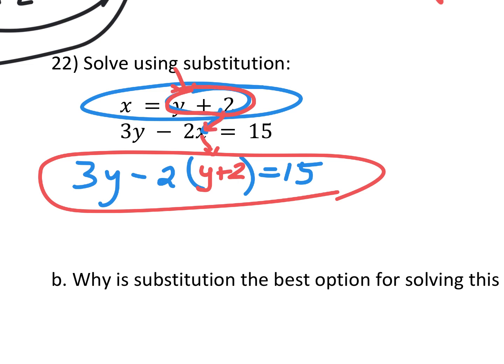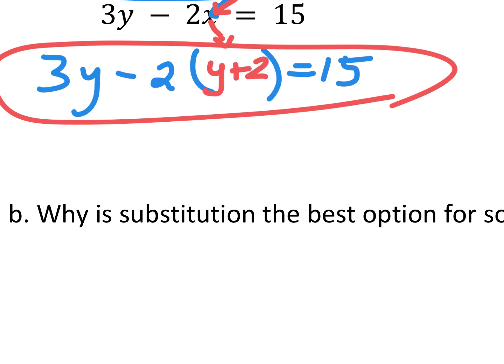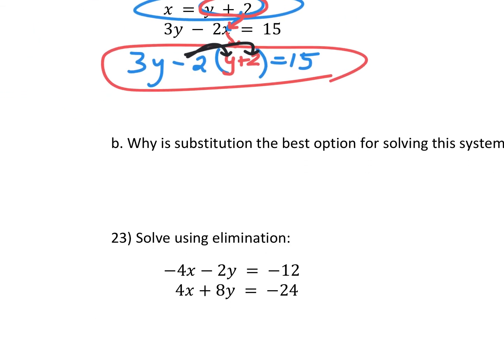That's the hard part. Can you take the one equation and put it into the other? Because you all can solve that. Now you just got to distribute the 2. And then you'll have a couple of y's. You got to combine like terms and stuff. So I want you to finish it. I mean, this is your packet. I'm helping.